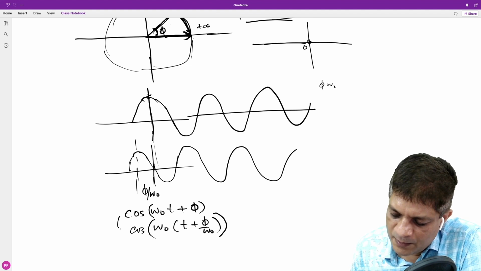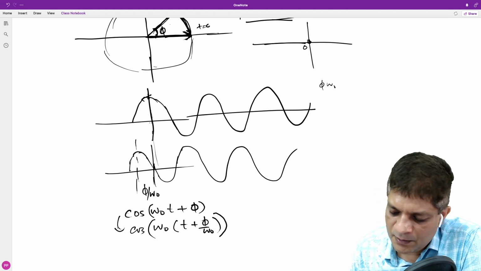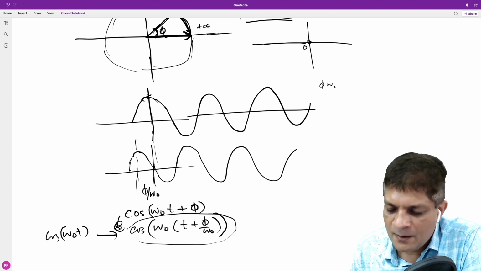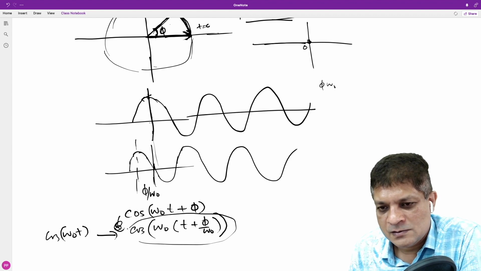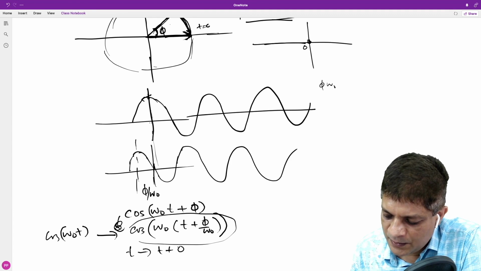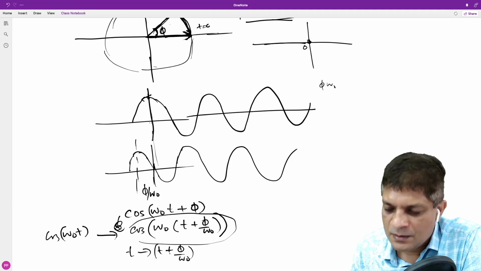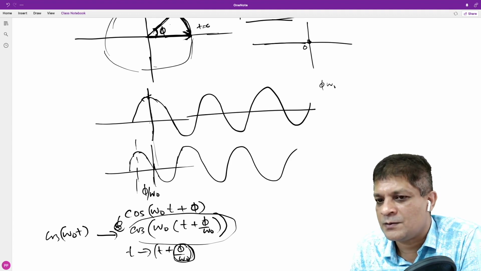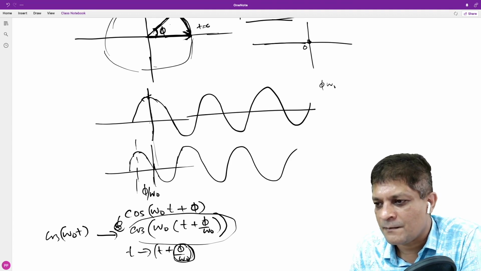So if we start with a signal cos omega naught t without any phase shift, how to get this signal? What is that operation? Time shifting. We are replacing t with t plus phi by omega naught. That is time advance by phi by omega naught, isn't it? It is time shifting.